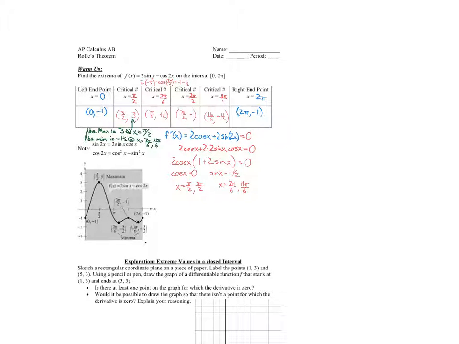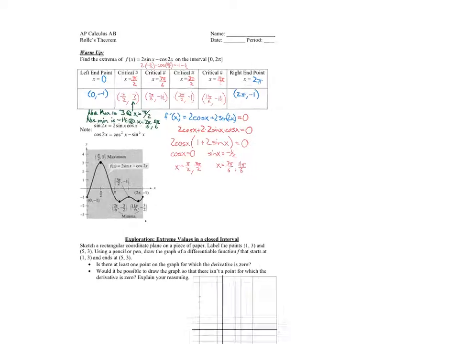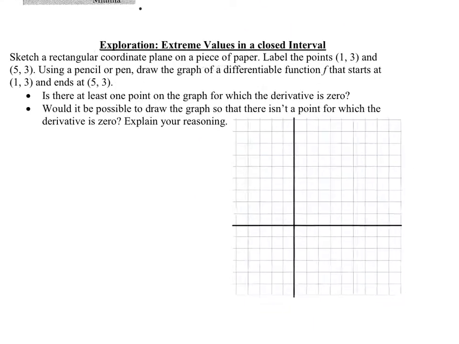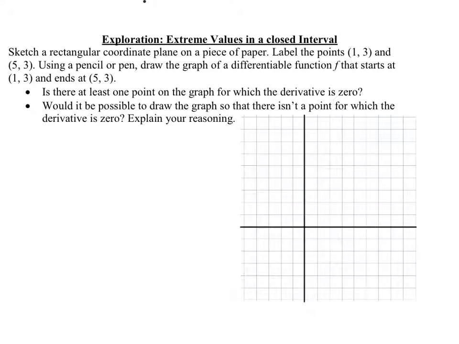So I want to take a step towards our new idea for today by looking at the exploration at the bottom of your page. What this exploration is asking you to do is graph 2 points on the plane here. The point 1, 3 and the point 5, 3.